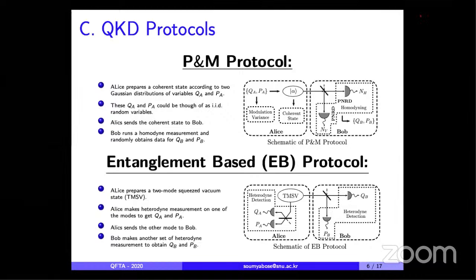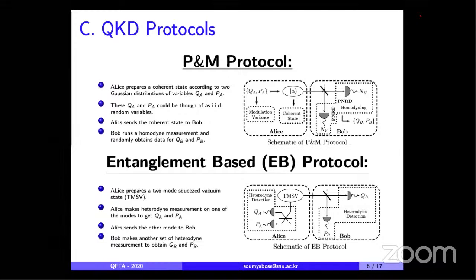They thought maybe this entanglement will help in proving the security part. So similar thing, two parties share an entangled state. Here I just mentioned the two-mode squeezed vacuum. That's usually what is used, but you can go for any other entangled state. So two parties make measurements, similarly get these quadrature distributions, and from there they tally results and all these things.